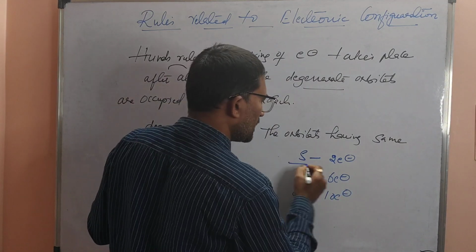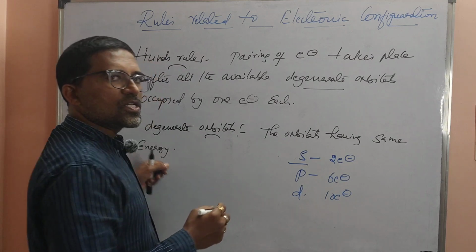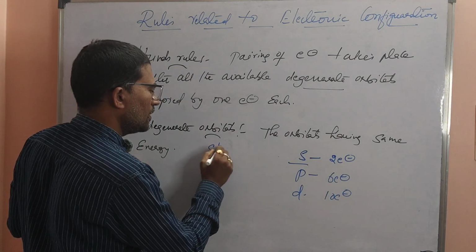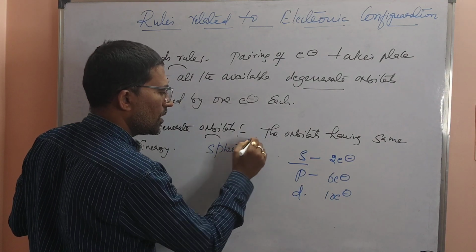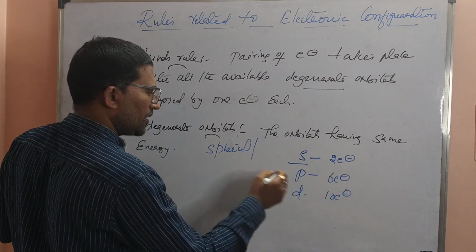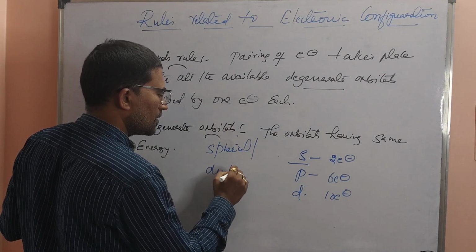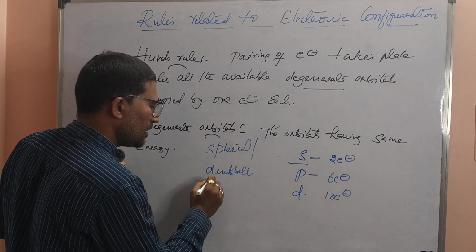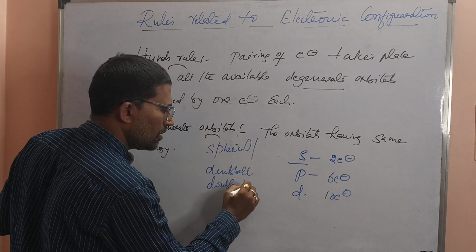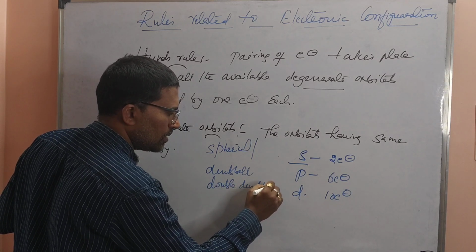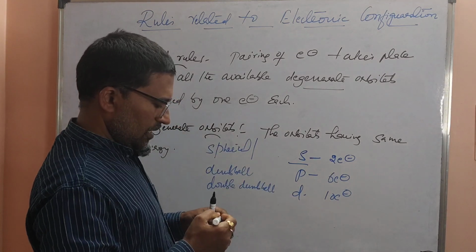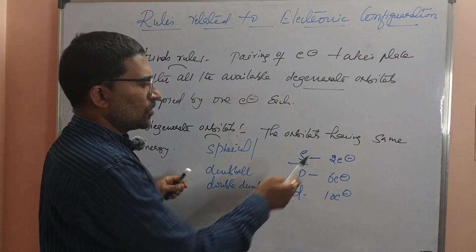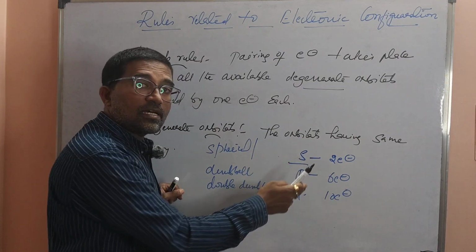The s orbital has a spherical shape, the p orbital is a dumbbell, and the d orbital is a double dumbbell shape.